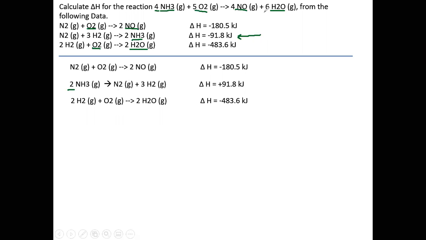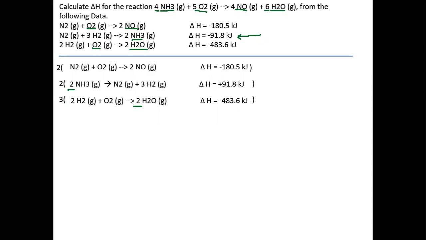And lastly, for water, or steam, I should say, we need a coefficient of 6. In the equation given to us, we have a coefficient of 2. So again, we need to multiply the third equation by something to turn 2 into 6. And so we're going to multiply the first equation by 2, the second equation by 2, and the third equation by 3.